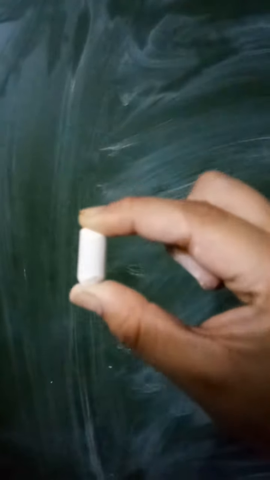Before discussing, I want to tell what is meant by the least distance of distinct vision, that is D. As you know, our eye sees an object at a certain distance, and if we bring it closer and closer, it becomes blur.